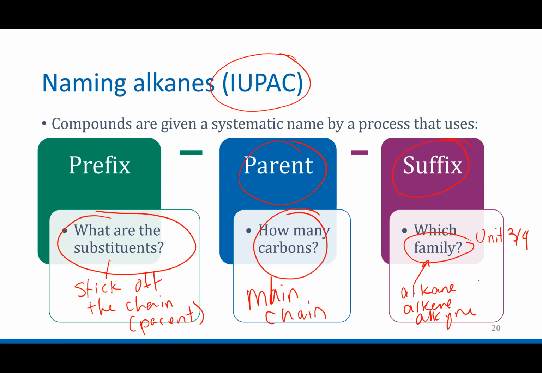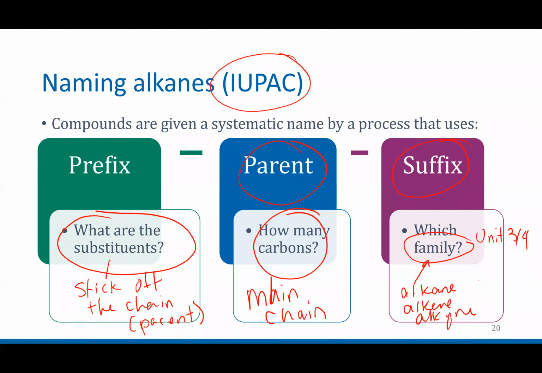So when I say butanol, that means it's 4 carbons, but also it's an alcohol. Butanone is 4 carbons, but it has a ketone in there. That is at the end of this course, so we don't have to worry about that for a while.